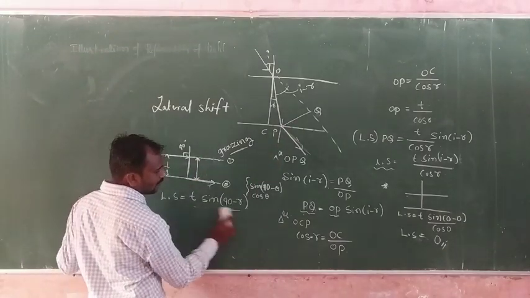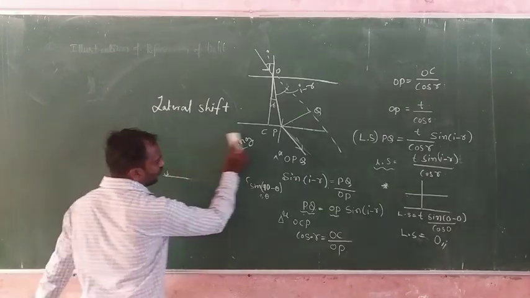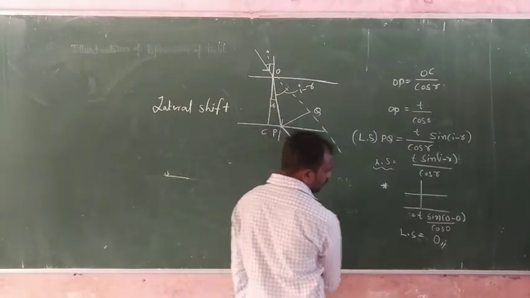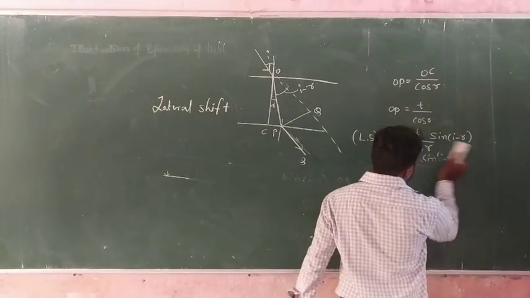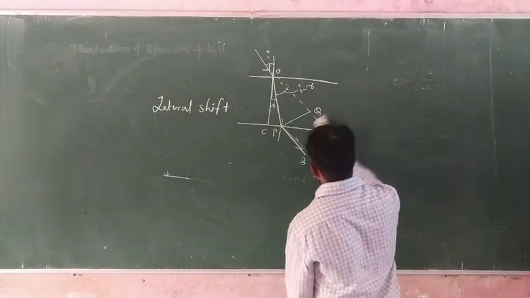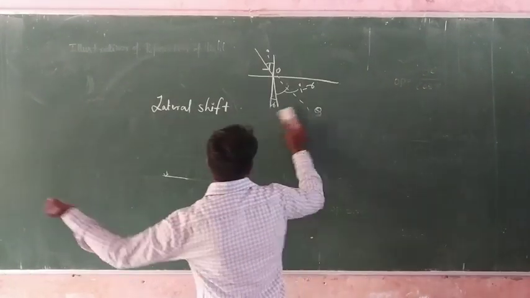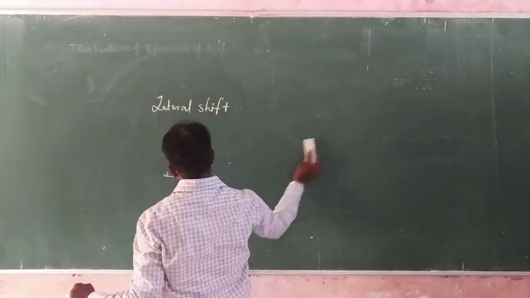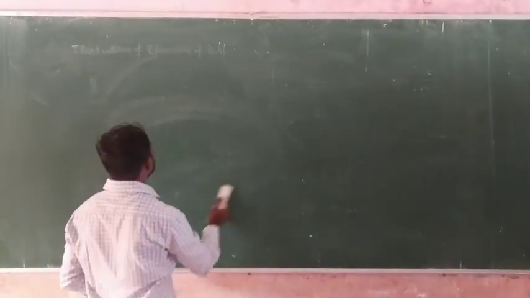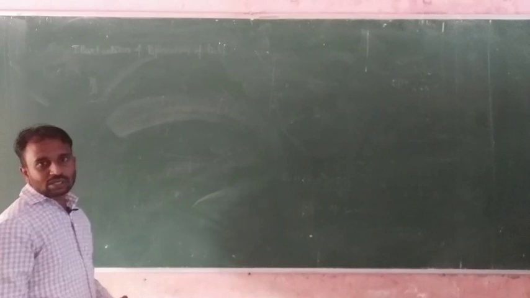Okay, so the next concept is normal shift. I already told you, suppose the object is placed at the bottom of a bucket of water. Then what happens? The object appears to rise up.